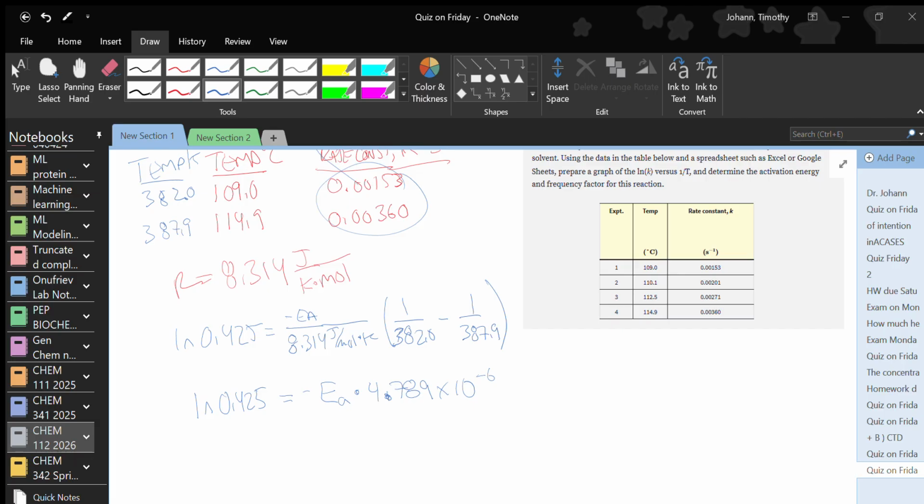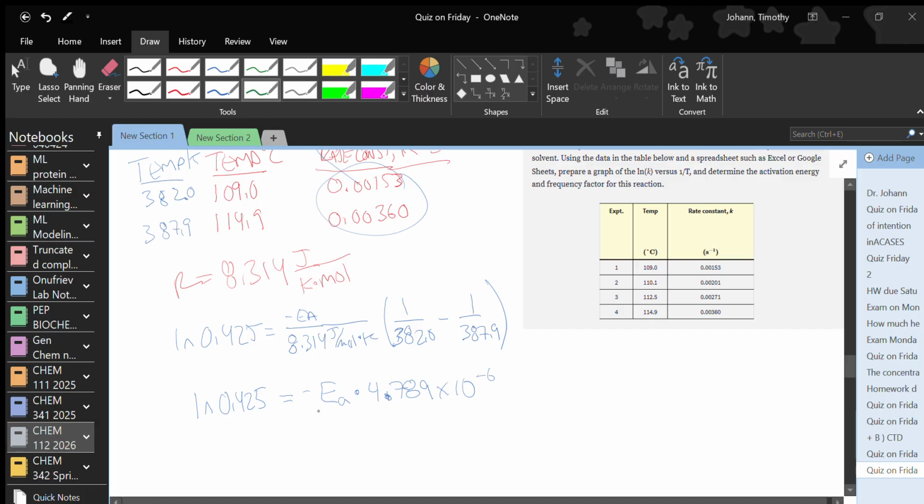I'm going to take the logarithm of this 0.425, and I'm going to divide by 4.789 times 10 to the negative 6. That's going to cancel.